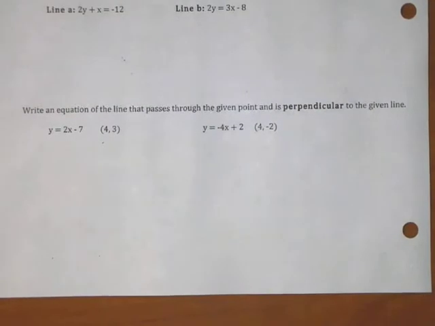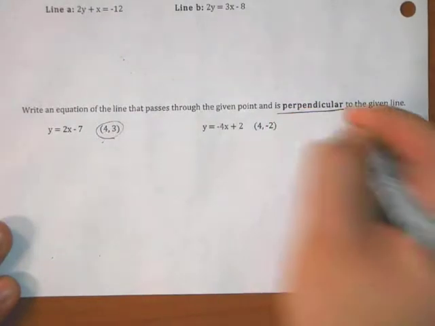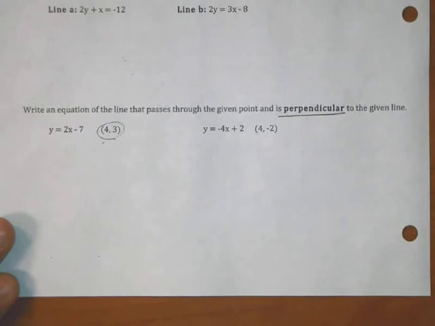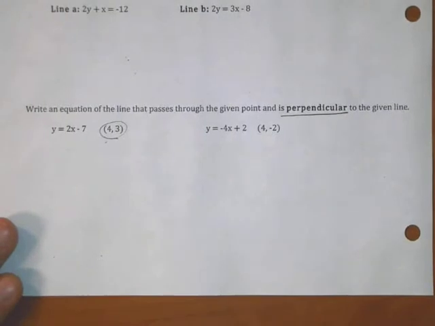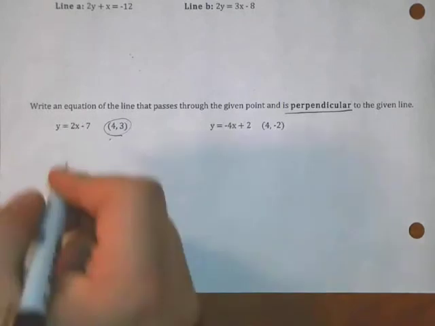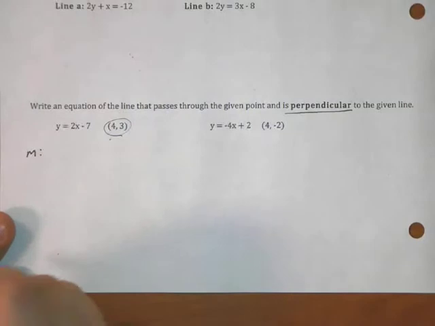So we're going to write an equation of a line that passes through this point, but this time is perpendicular to the given line. Well, the question's almost identical, so what we do is probably also going to be nearly identical. We still need to figure out what the slope of the line we want to write the equation of is.